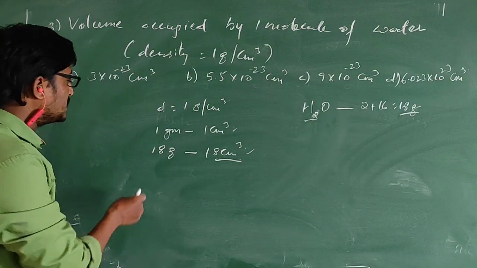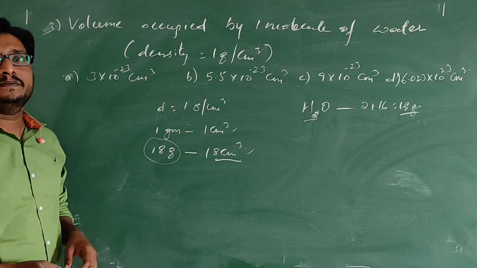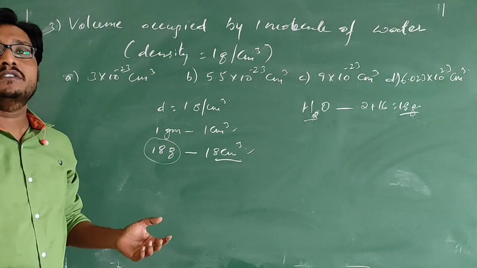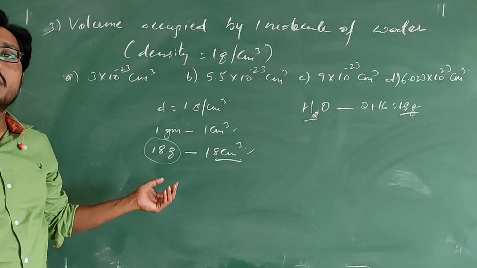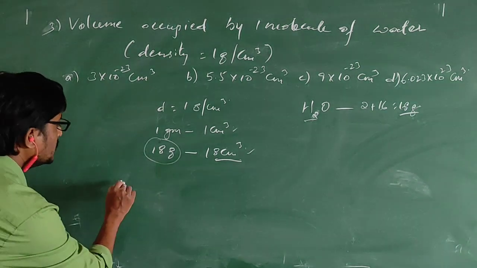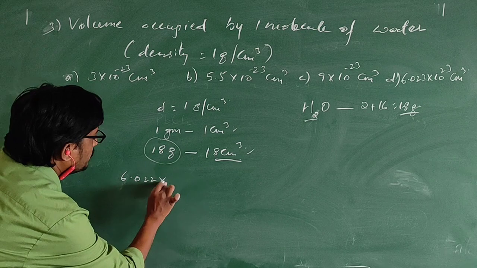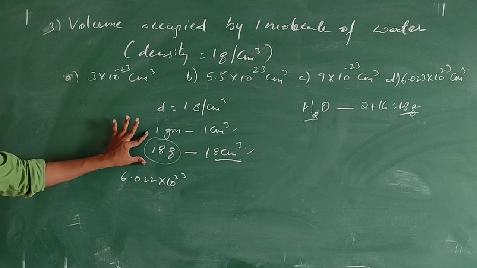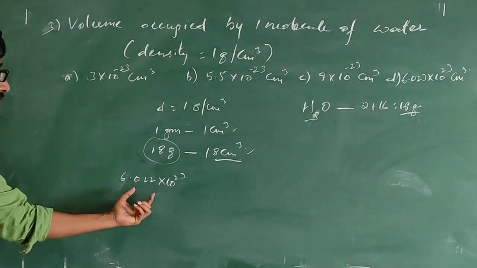Now we know that this is the molar mass of water. So this is the mass of how many molecules of water? 6.022 into 10 to the power 23 molecules. So 18 grams is the mass of 1 mole of water, and 1 mole represents this many molecules.